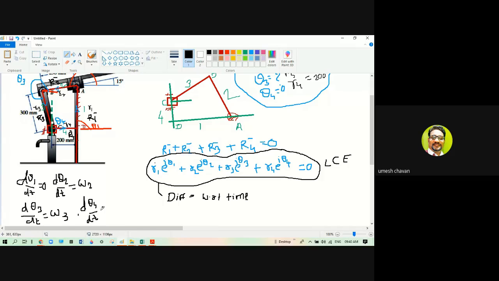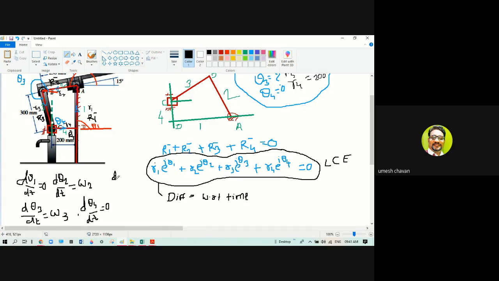Again, this angle is not going to change. The next is R1, the dimension. This is going to change. R2 is constant, R3 is constant, R4 is constant. Only R1 is going to vary.